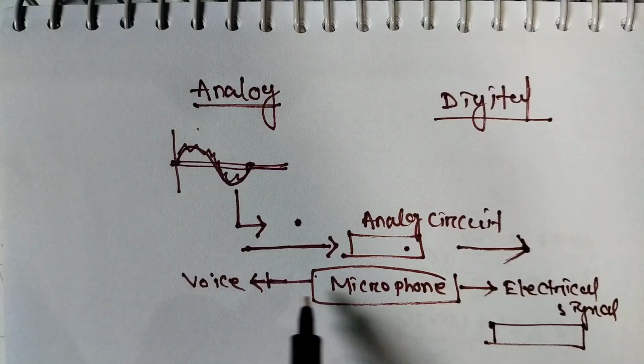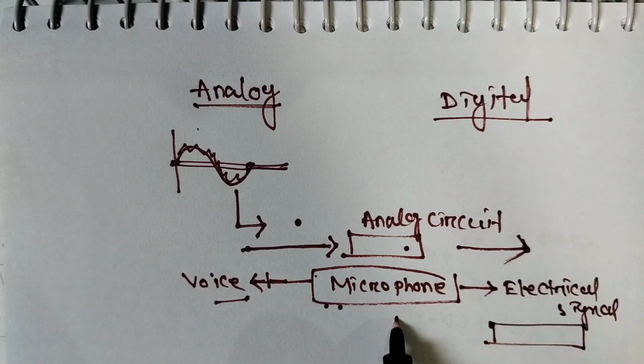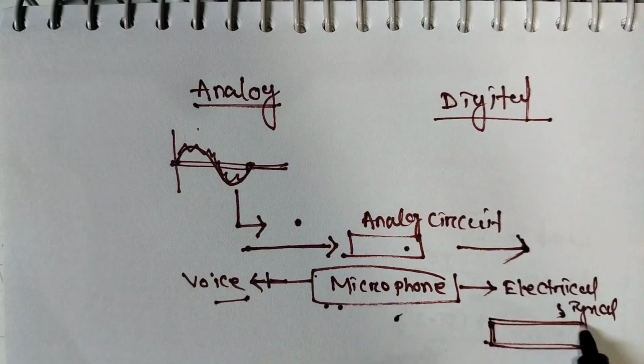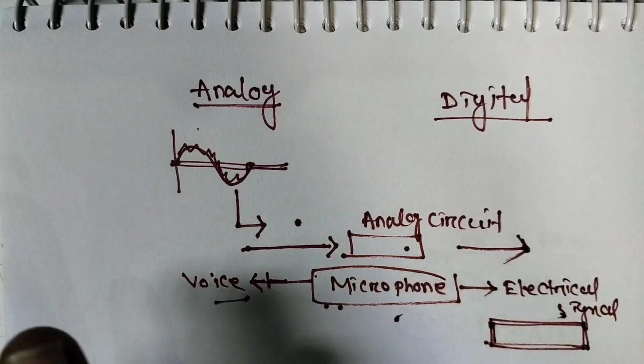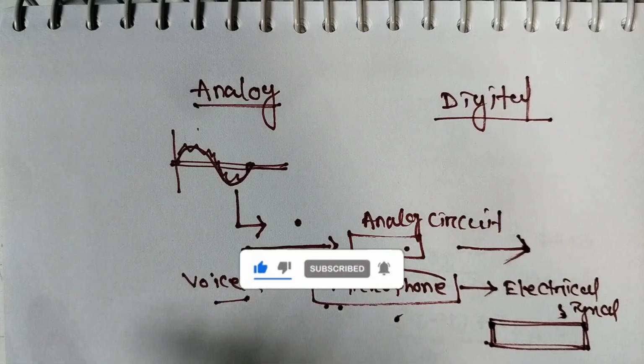We need to consider how the voice is properly converted to an electrical signal. If you can handle the signal properly, then you can be a good analog electronics designer.